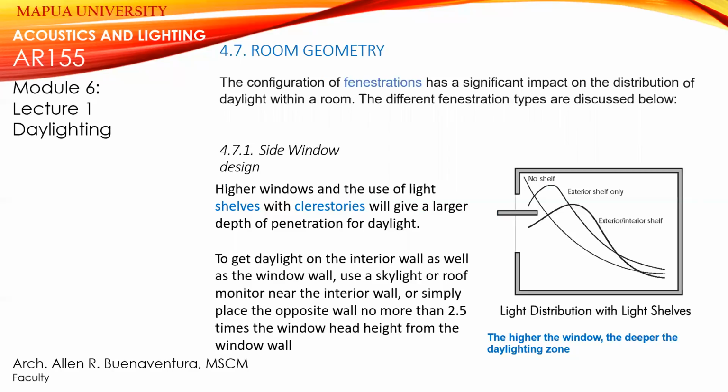To get daylight on the interior wall as well as the window wall, use a skylight on the roof or a roof monitor near the interior wall, or simply place the opposite wall no more than 2.5 times the window height from the window wall. As you can see in the figure on the right side, the higher the window, the deeper the daylighting zone.